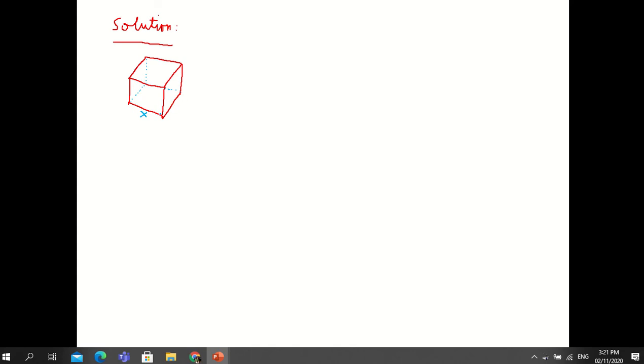So if the base is square, and this is x, this is also x. Now, since the problem says closed box with a square base, it didn't say that it is a cubic box. So if this is x, this is x, this is not x. This should be a different dimension, so we can call this h.